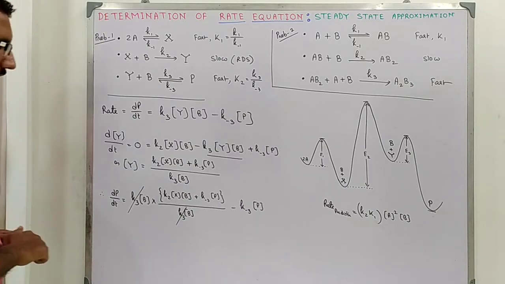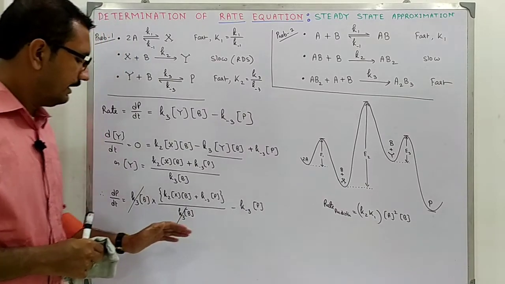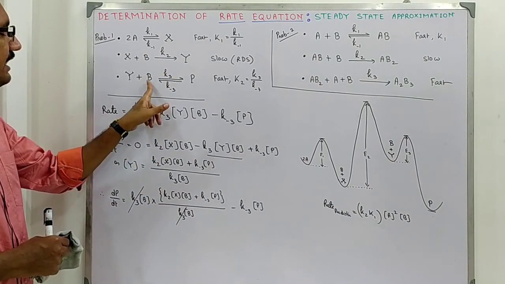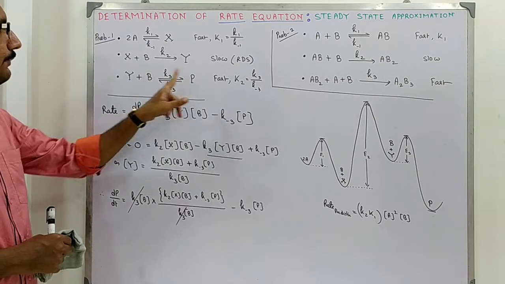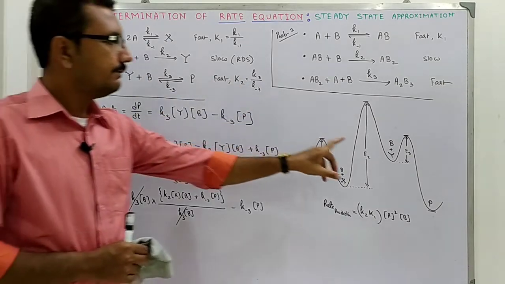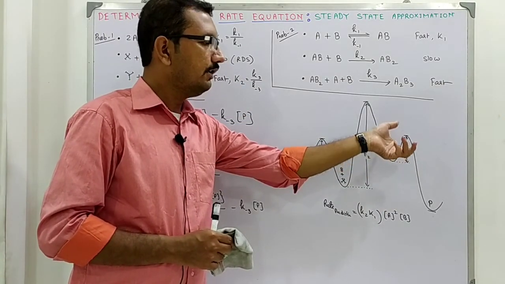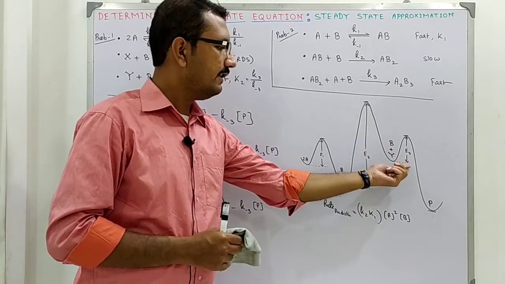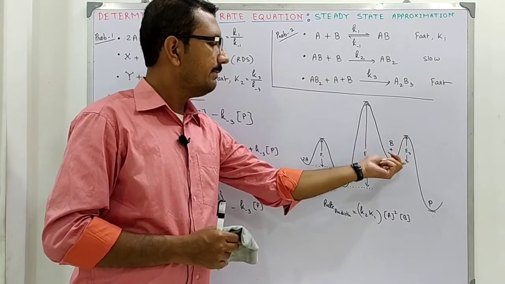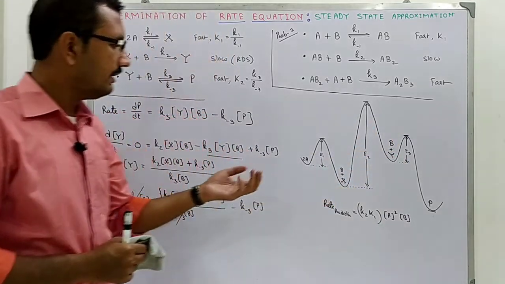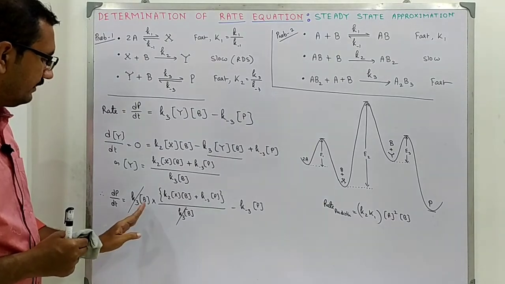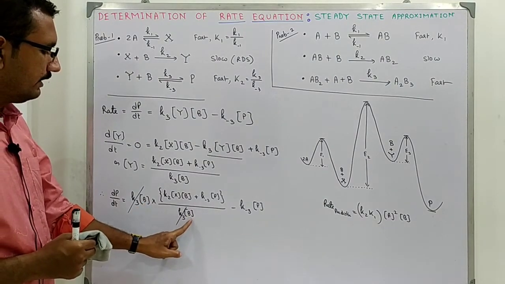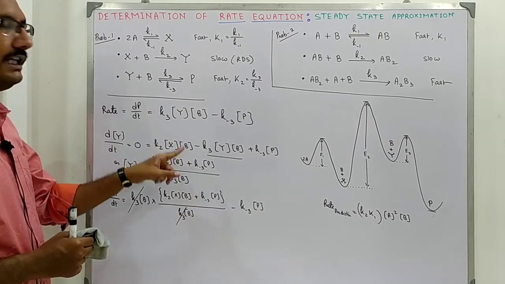Now, you can see that what I have told is justified. See this K3, this b is appearing in the first step, and in the first step we have a very low activation energy, so that the barrier crossing process for this step will not depend upon the concentration of b. You can see in the mechanism that this K3b and K3b is cancelling out, so that this b will not appear in the rate equation.